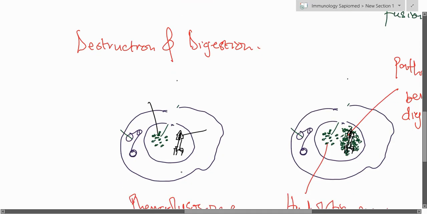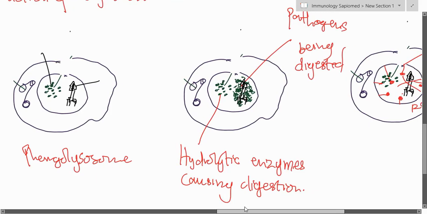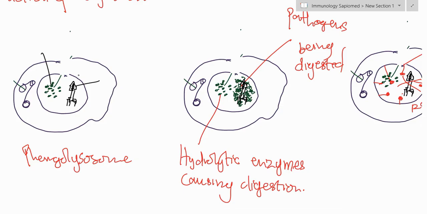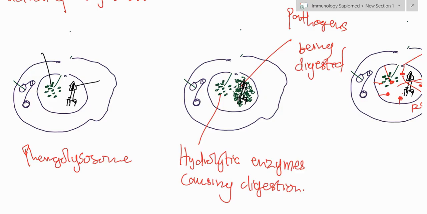So how is the pathogen destroyed? We have two ways in which the pathogen is destroyed after phagolysosome formation. One, the hydrolytic enzymes that are present within the lysosome attack and digest the pathogens. So that is one way the pathogen can get destroyed.